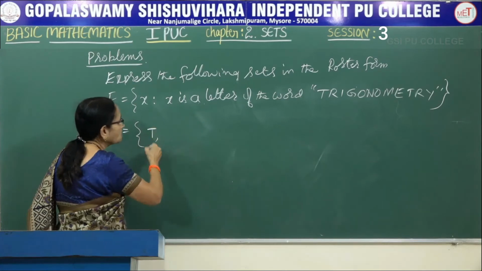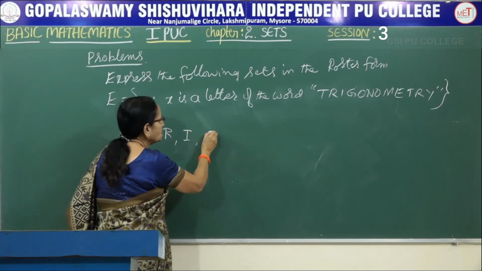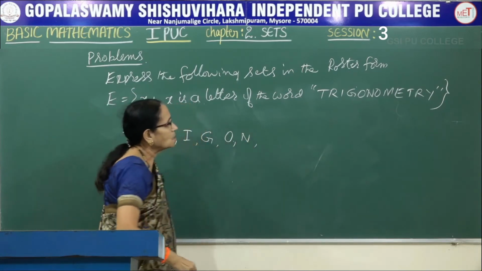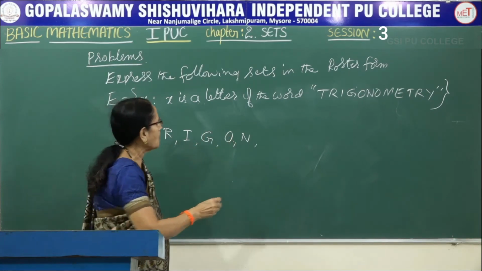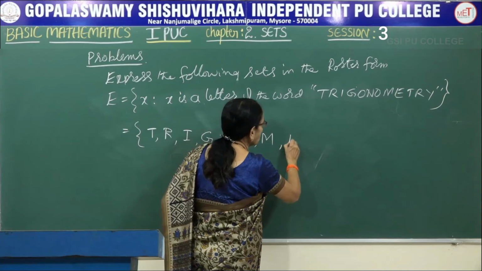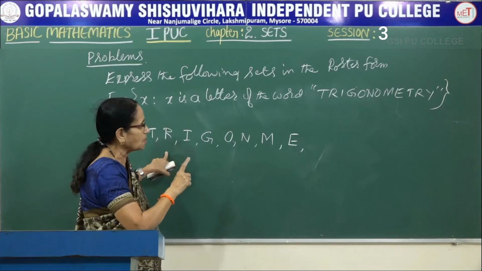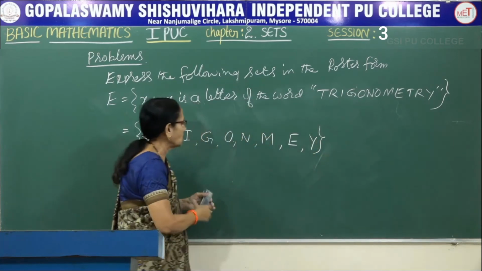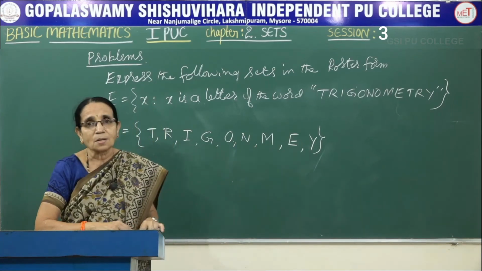First I will write T, then R, then I, then G, then O. Next letter is N. O is there, already we have written it, there is no need to write one more O. Afterward, we have the letter M, and then E. Then T is there, already written, no need to write again. R is also repeated, no need to write. The other letter is Y. So T, R, I, G, O, N, M, E, Y. These are the letters of the word.